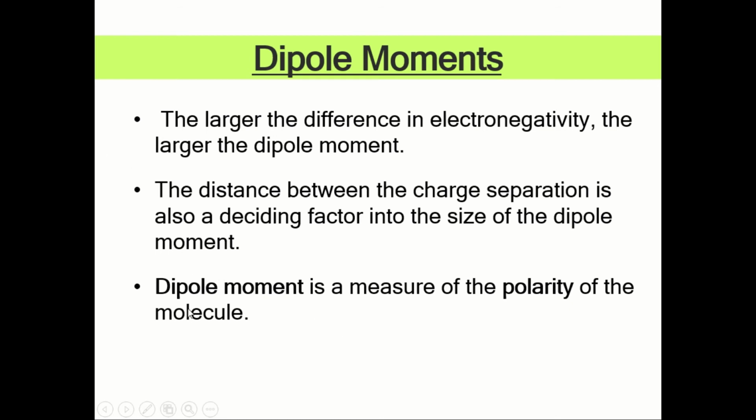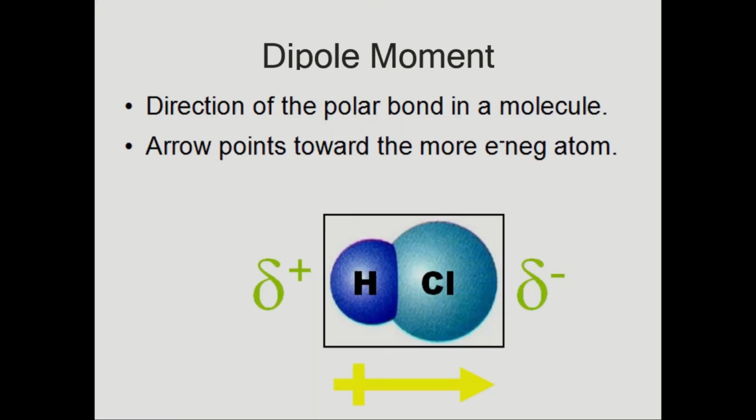There is a calculation for this, but we're not going to measure or calculate the value of the dipole moment or the value for the polarity. But again, dipole moment is a factor that we can use to measure the polarity, whether it's a polar or a nonpolar molecule.